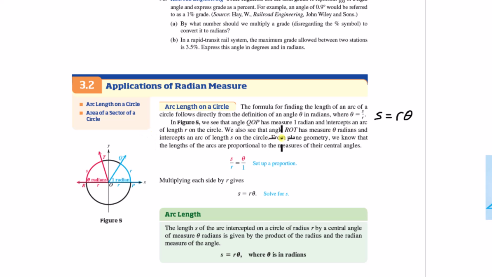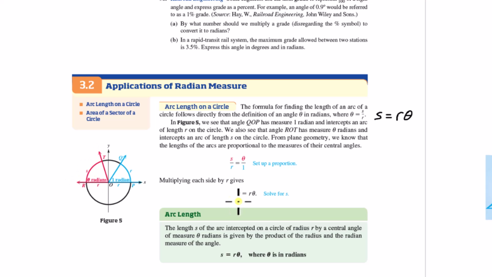We also see that angle ROT has measure theta radians and intercepts an arc length of S on the circle. So this 1 radian angle intercepts an arc of length R, and theta radians intercepts an arc length of S, where S is R times theta.